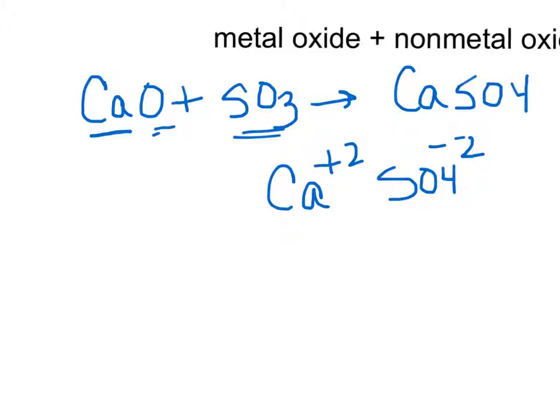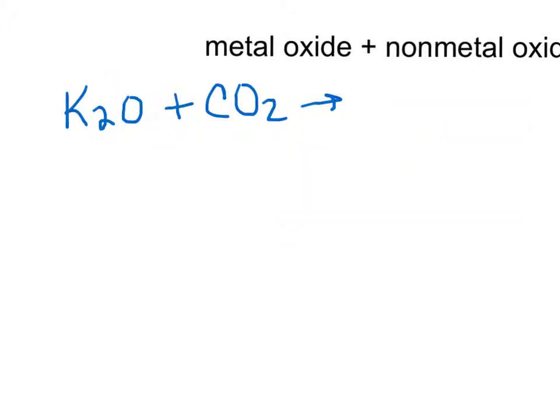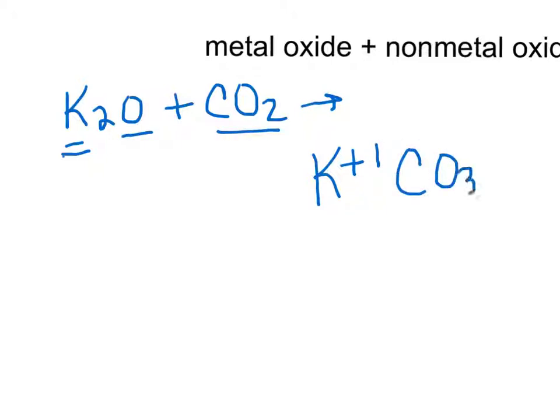So the salt always contains a polyatomic that has oxygen in it, like sulfate. Solid potassium oxide is added to a container of carbon dioxide. So your only positive ion is the potassium +1. If you look at the rest of what you have, it's CO2 and then another O, so that's CO3 -2. So to finish the formula, when you cancel the charges, K2CO3.